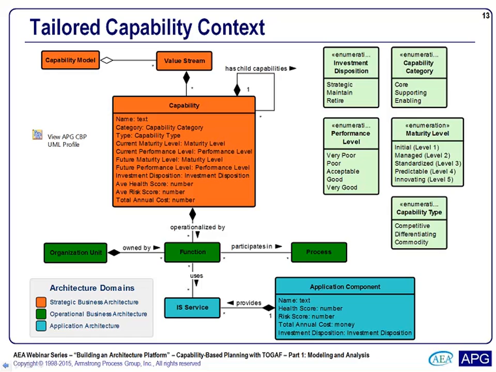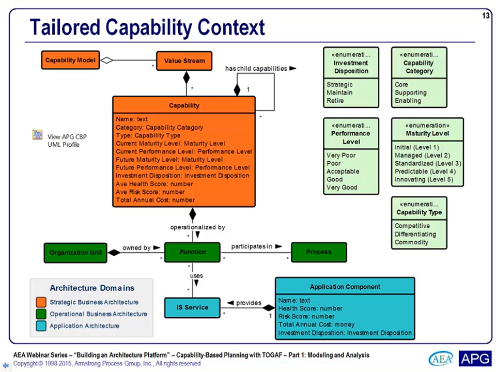But also the idea that we want to be able to specify some indication of the investment disposition as it relates to each of the capabilities, and that's described by the enumerated value on the right, the whole idea that a capability is strategic, we're going to maintain it, or possibly retire it. But we also have some attributes in the capability that are related to the average health and risk score of the underlying applications and the total annual cost.